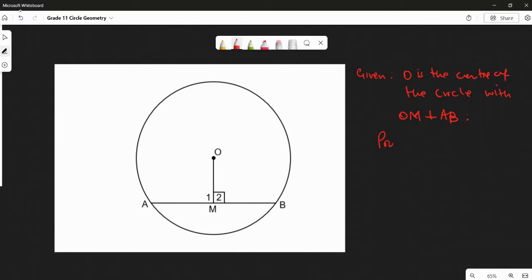Then prove the theorem that states that AM is equal to MB.